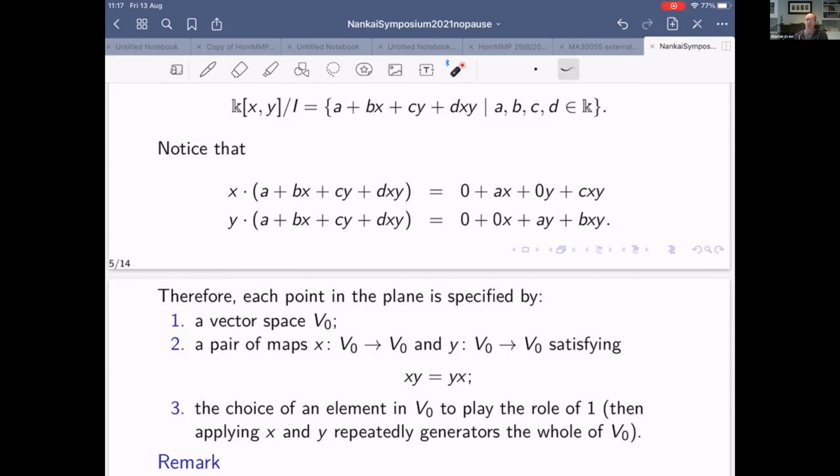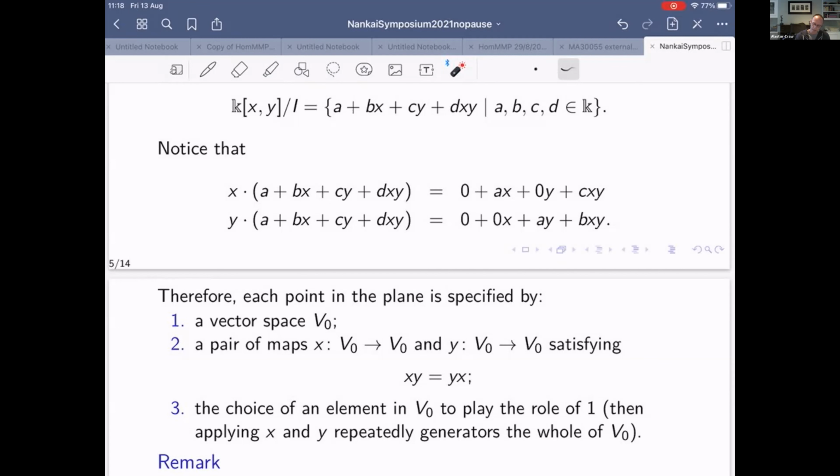And there's one extra piece of data here, namely specifying an element in V0 that's going to play the role of 1, or really 1 modulo I in this quotient ring. Because once I've got 1, then I can let x act to work out what x is, and let y act, and so on, to gradually build up a basis of the entire vector space V0.